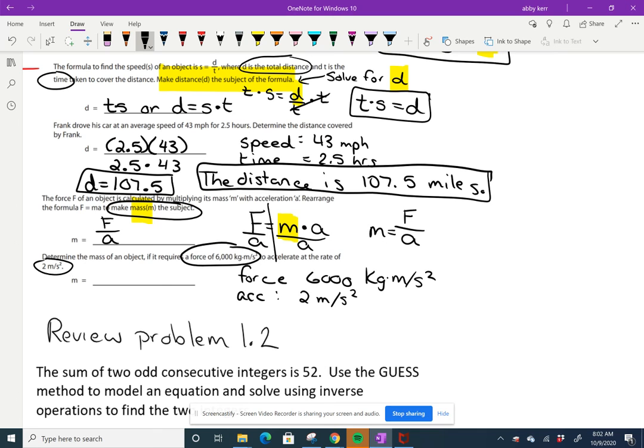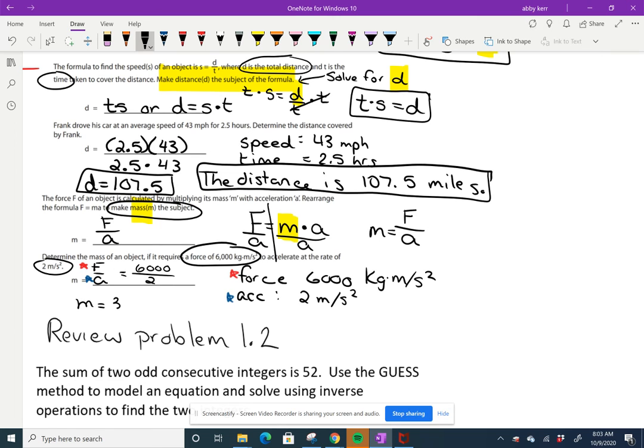So now we just have to plug in. We said mass was F over A. We have our force, so we're going to plug in our force. And we have our acceleration, which we're going to plug in. So then we are going to plug in 6,000 over 2.